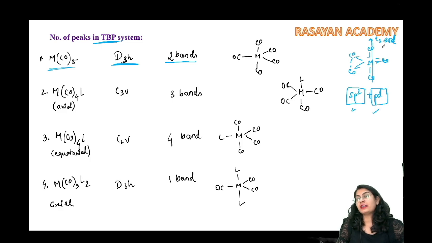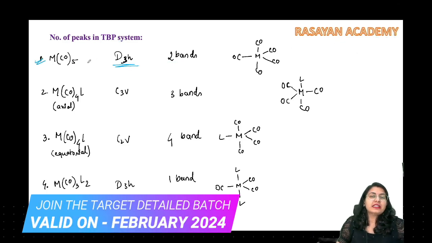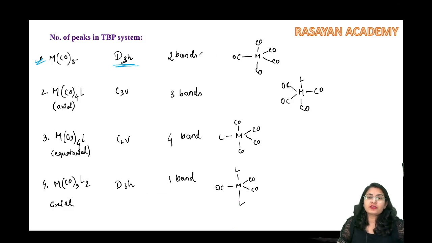And along with that, 3 C2 axes. With all these elements, it is designated the D3 point group. D3, and it can also have h, because there is a sigma plane like this, that's why D3h. Okay, that is very simple, you know that. So for the unsubstituted one, D3h, 2 bands because of axial plus equatorial.